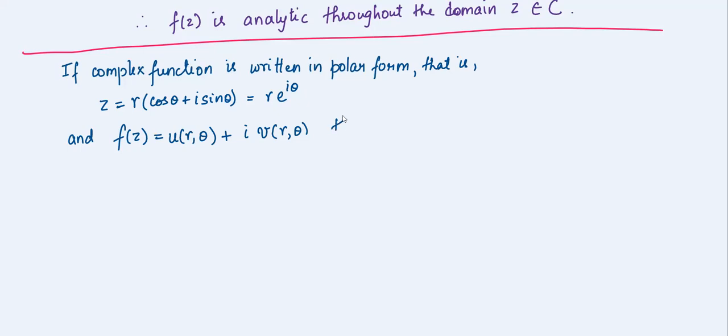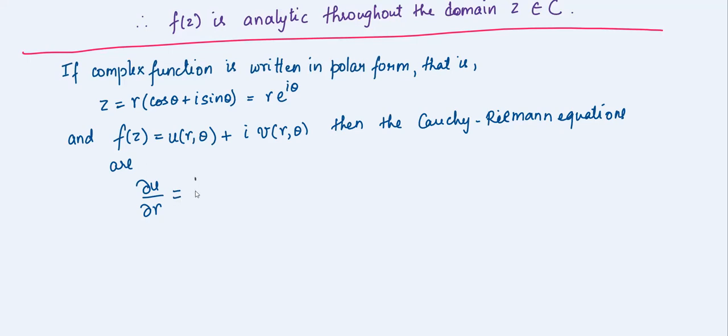Then the Cauchy-Riemann equations are dou u by dou r is equal to 1 by r dou v by dou theta.